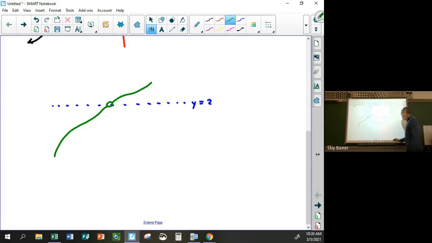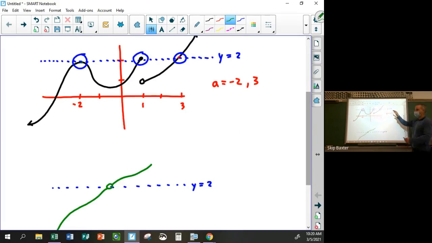So you're basically drawing your horizontal dotted line, and then just figuring out, is there a continuous section of the graph where the graph comes into contact with that dotted line? Is there a hole in the graph, or is there a jump? Or is there something else weird happening, right? And if it happens to be a continuous section of the graph or a hole, then yeah, that point works. The limit is what it says it is. If there happens to be a jump at that point, then the answer is no. You kind of get the idea?